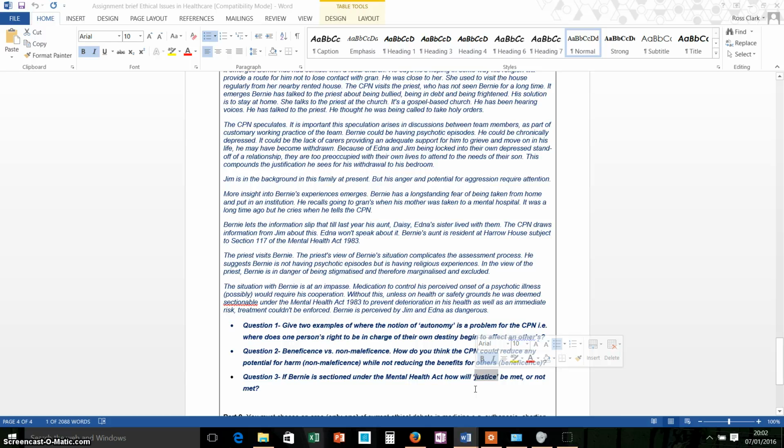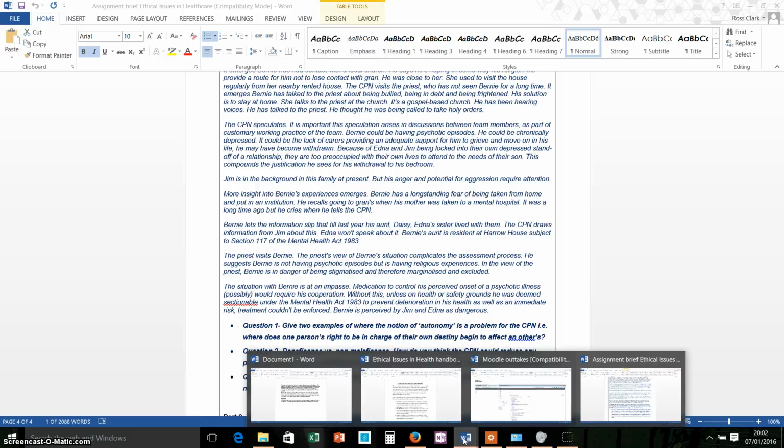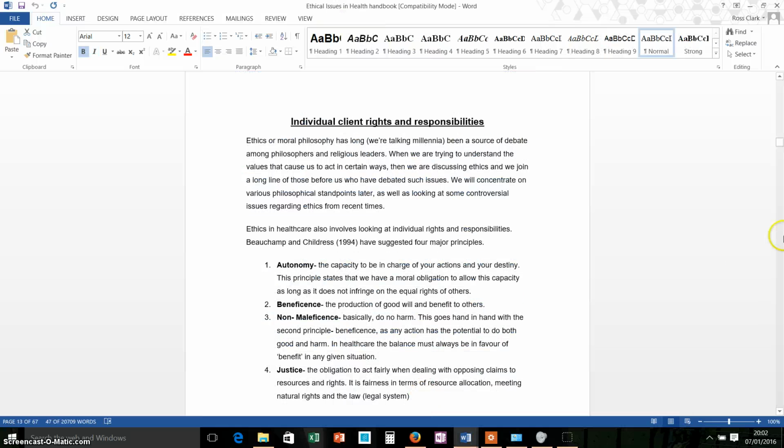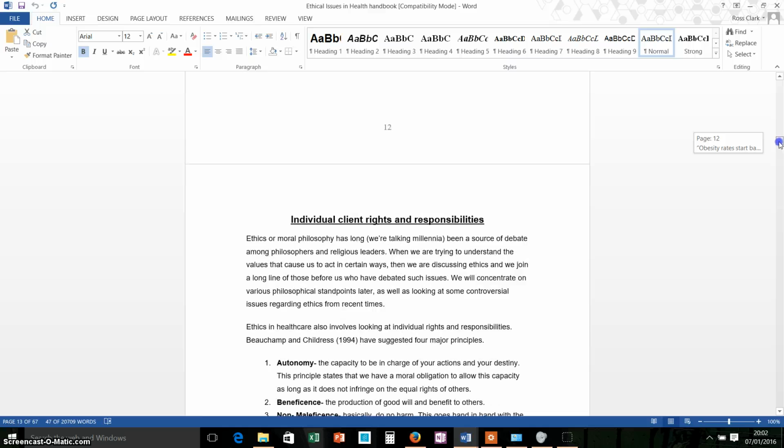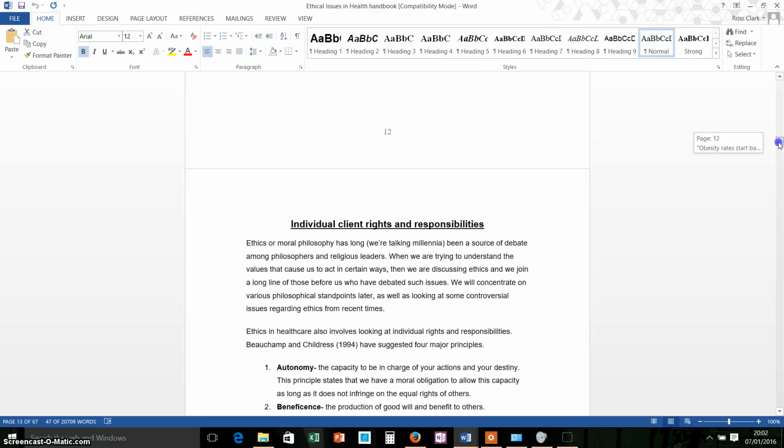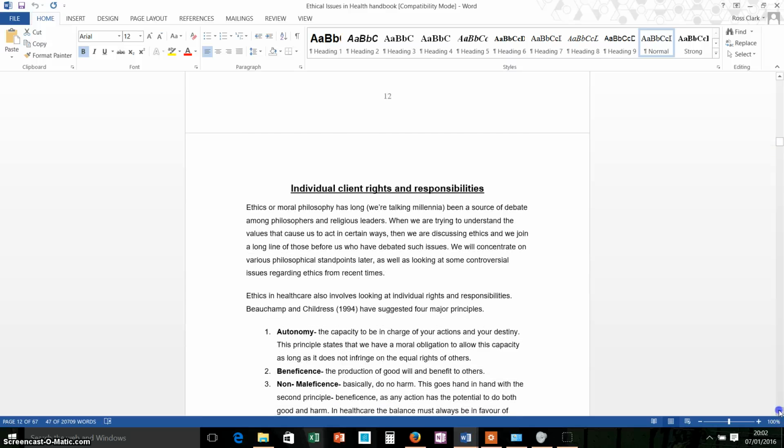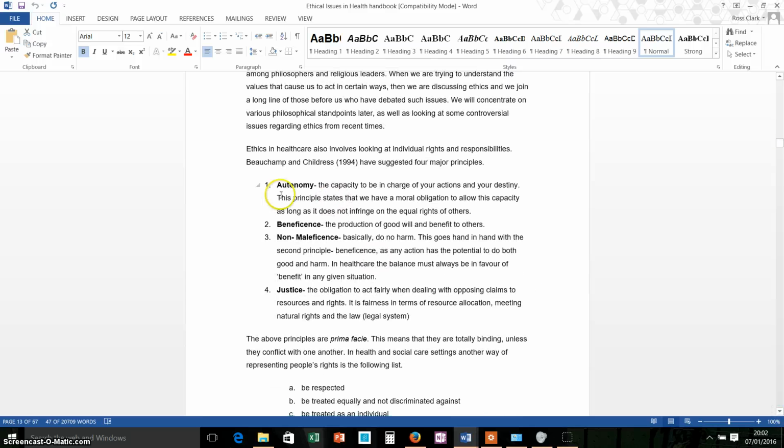Now, before you read that case study above about the Mallows, the best thing to do would be to go to the unit handbook, and on page 13 there is a short description of those four phrases that are used in the questions, and it basically describes what they are and what they mean.